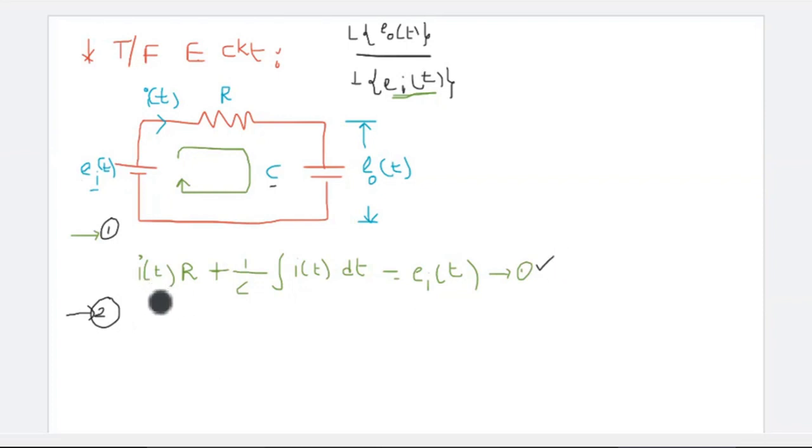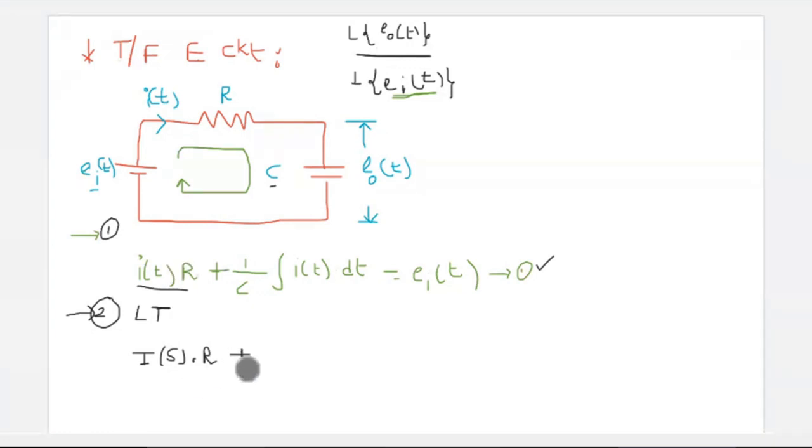The Laplace transform of I of t is I of s. The Laplace transform of a resistor is the resistor only, R. So the Laplace transform of the first term becomes R times I of s.